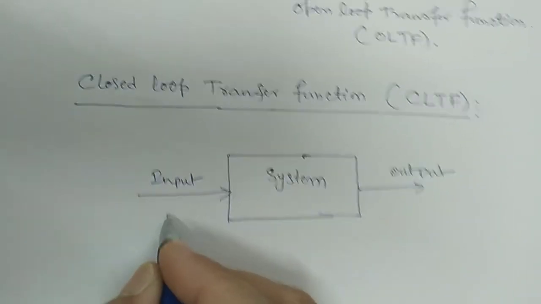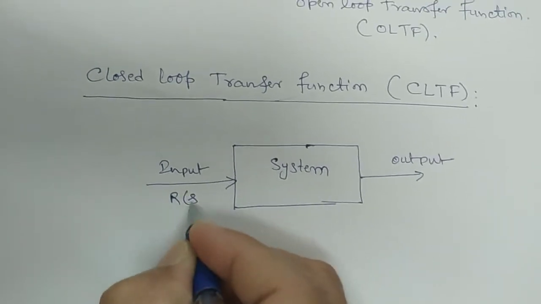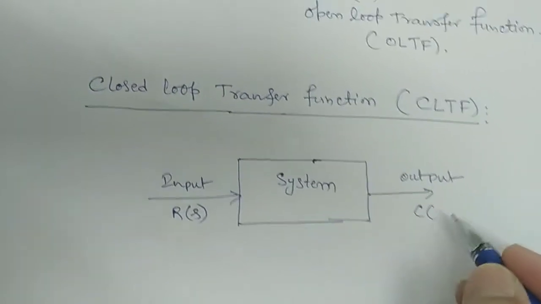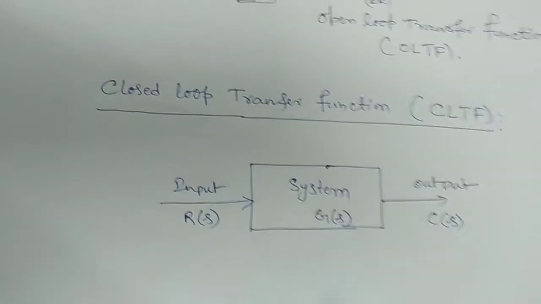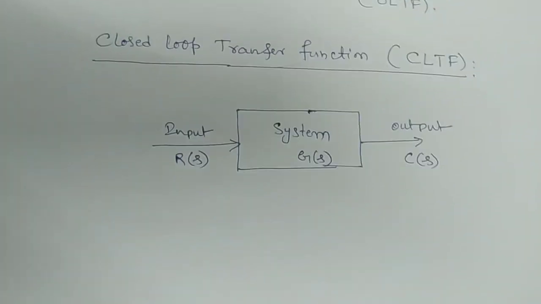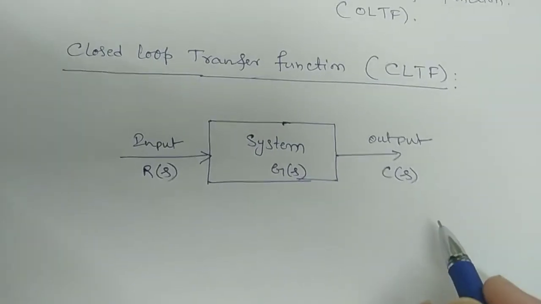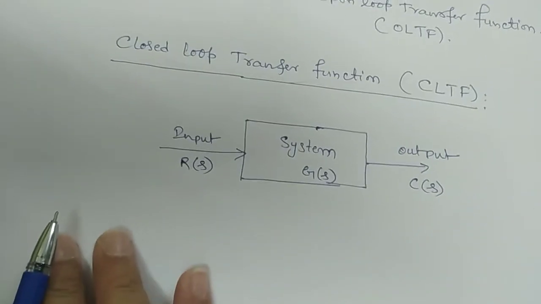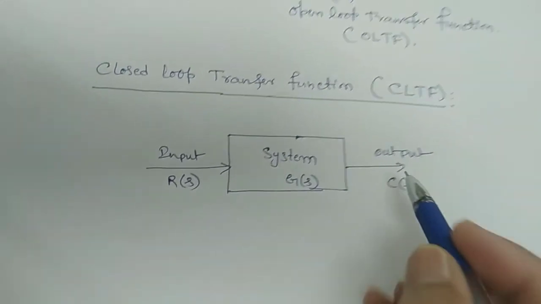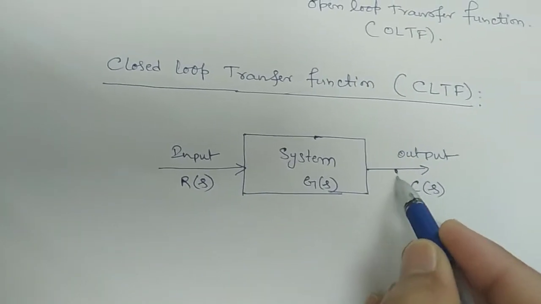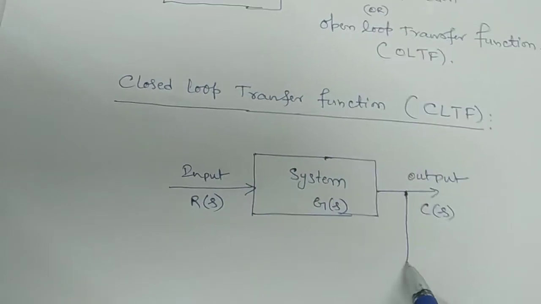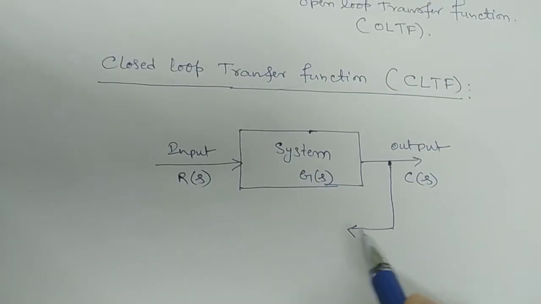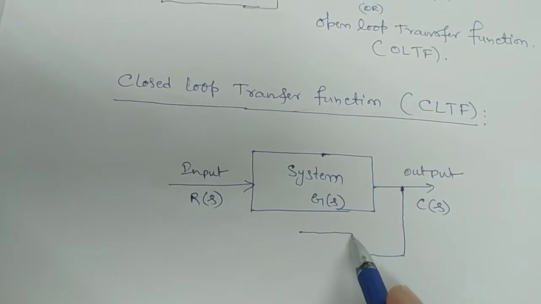Always you can consider R of s, not necessarily writing all the time C of t, R of t. This is your G of s. Now in closed loop transfer function, part of the output can be fed back through a feedback element.